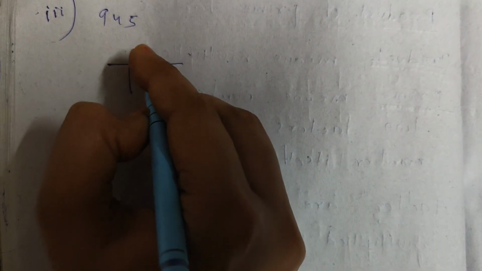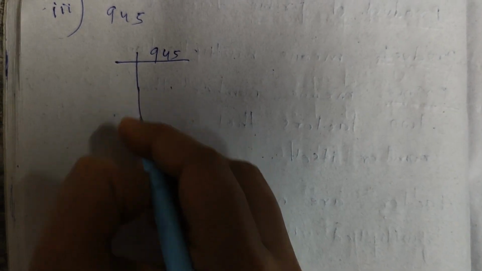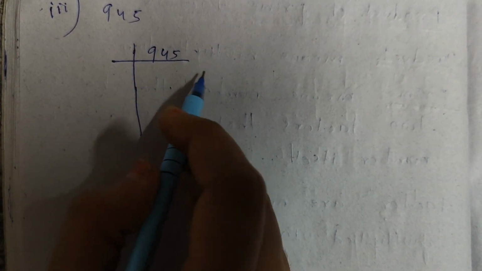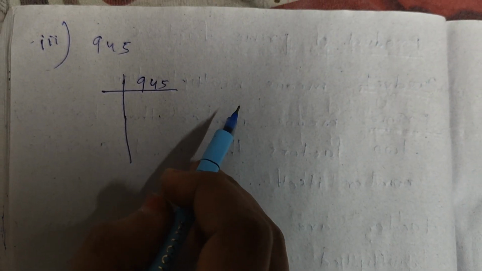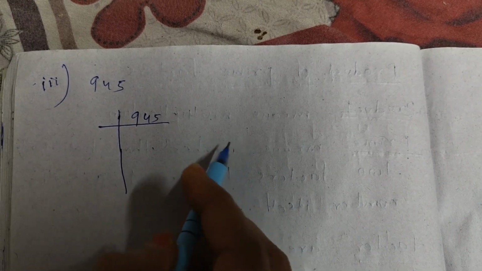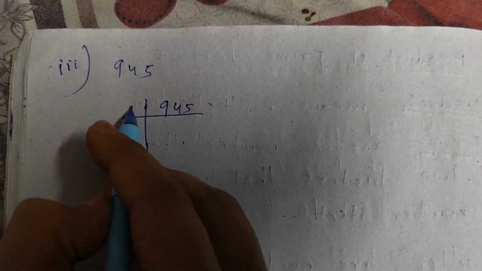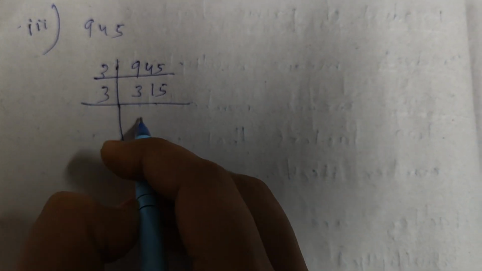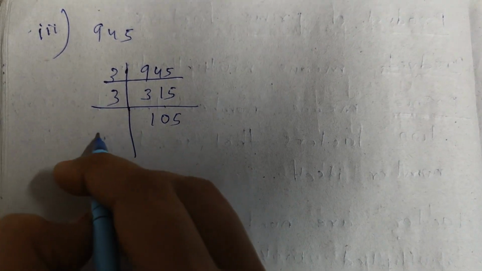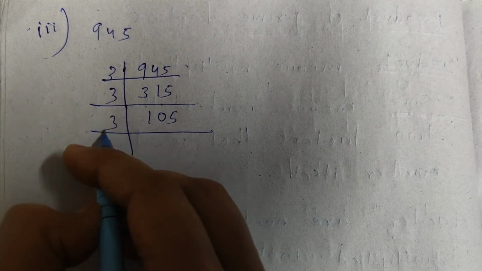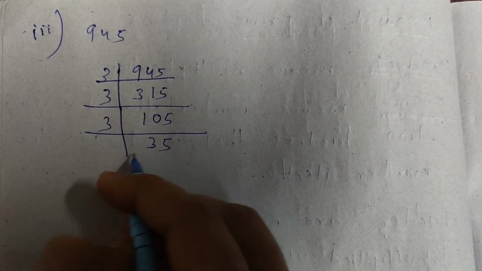So 945 is not divisible by 2. Okay, so we do with 3. We get 315. Now again with 3, it is again divisible by 3.